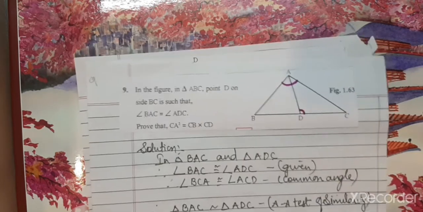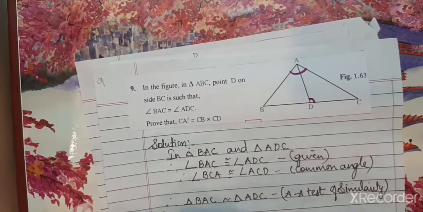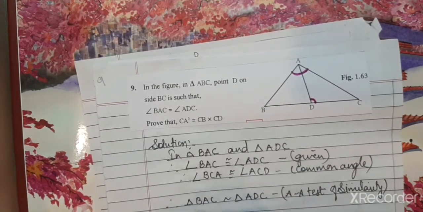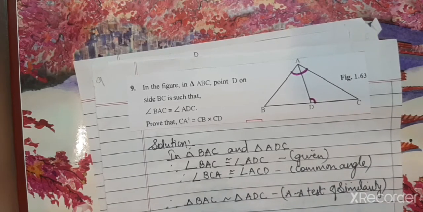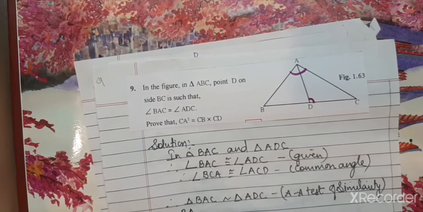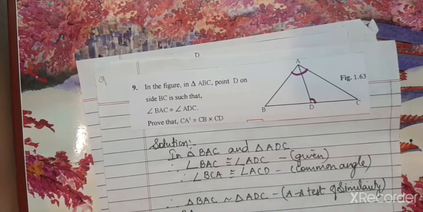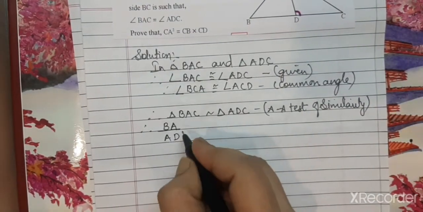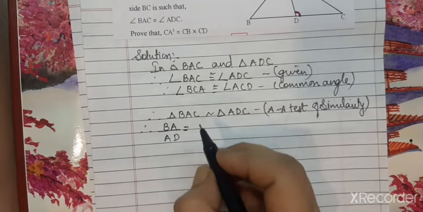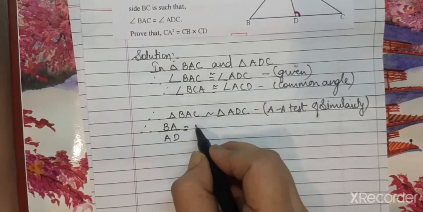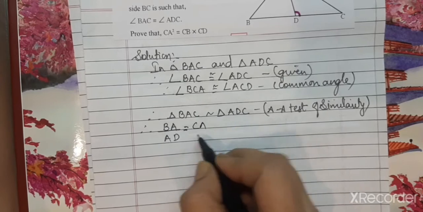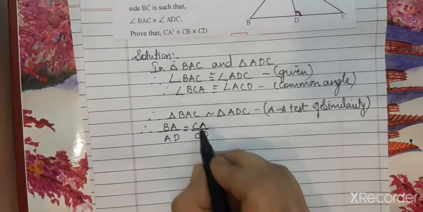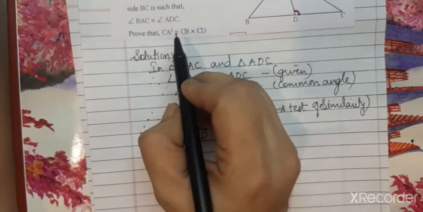Okay. Now, we know when the triangles are similar, sides are in proportion. So, we will write the sides which are in proportion. BA upon AD is equal to CA upon CD. I am writing CA because what is asked, we want CA.